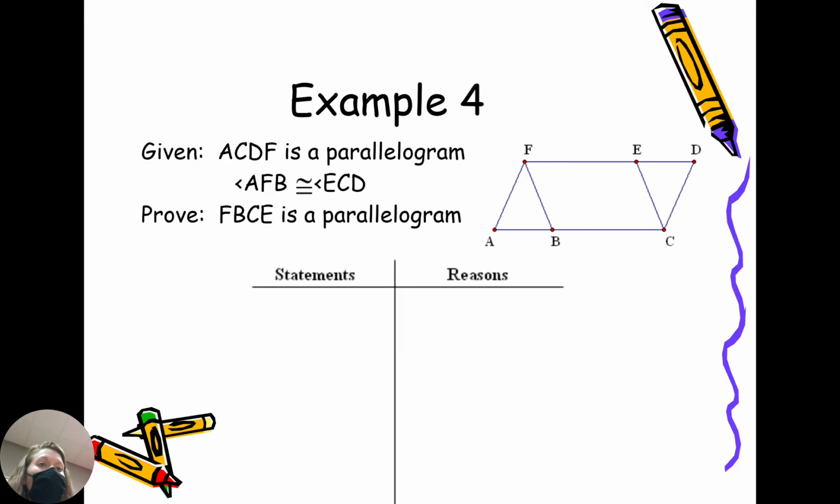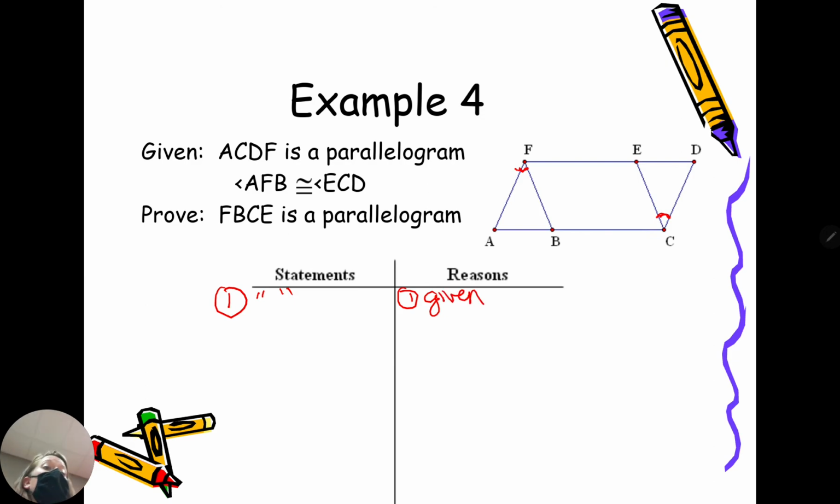Okay, one more proof. I thought I was done. All right, so it says ACDF, so this big guy is a parallelogram, and then it tells me AFB, so this angle up here, is congruent to ECD, okay? And we're trying to prove that FBCE is a parallelogram, okay? All right, so let's use our given.